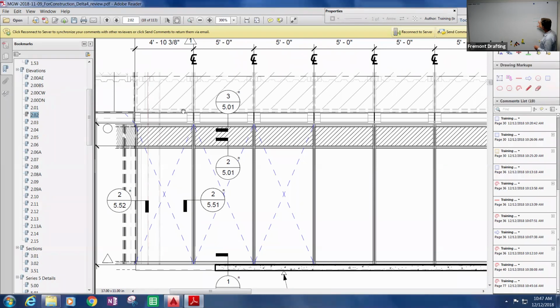So now it's up to our window system and any other product on the building to move with the building. There are two ways you can move with the building, and we look at them as two different ways. Our unitized, we design so that it's going to rack.